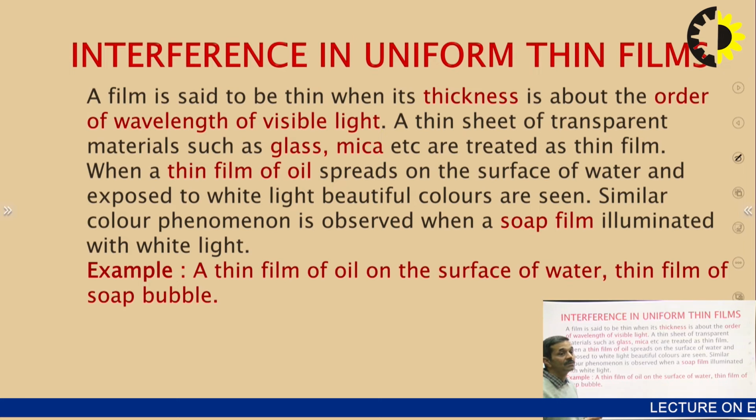So this is also an example of a thin film. Similarly, we can observe interference in soap films. On soap bubbles, if sunlight falls, we will have beautiful colors. So these are examples of thin films. Thin film means the thickness of the material should be of the order of the wavelength of visible light.